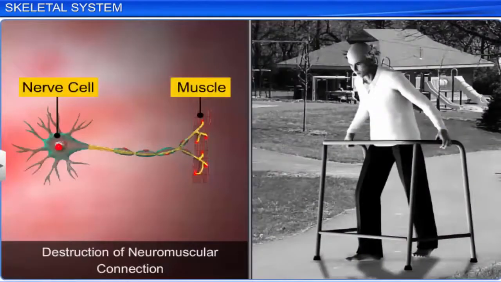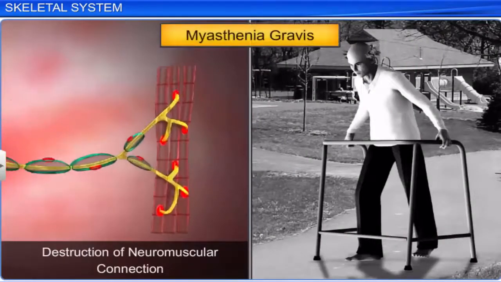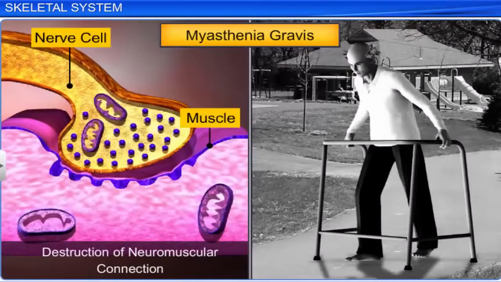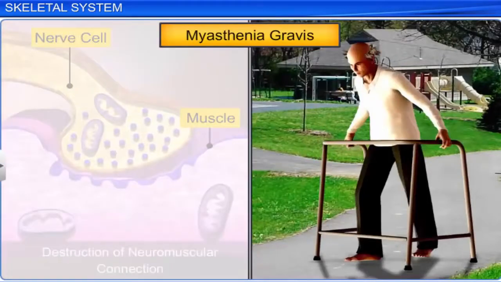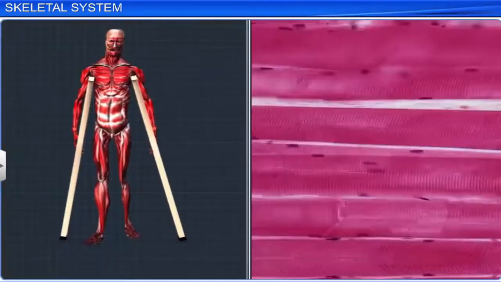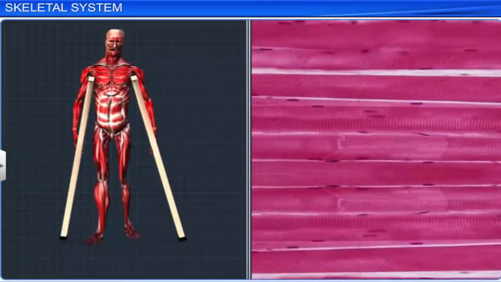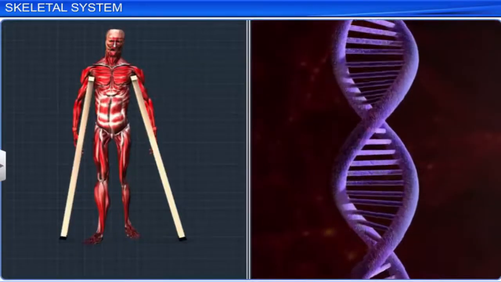One such disorder is myasthenia gravis, which is an autoimmune disorder that affects the neuromuscular junction characterized by fatigue, weakening and paralysis of the skeletal muscles. Muscular dystrophy is also common and is characterized by the progressive degeneration of skeletal muscle fiber. It is considered a genetic disorder.